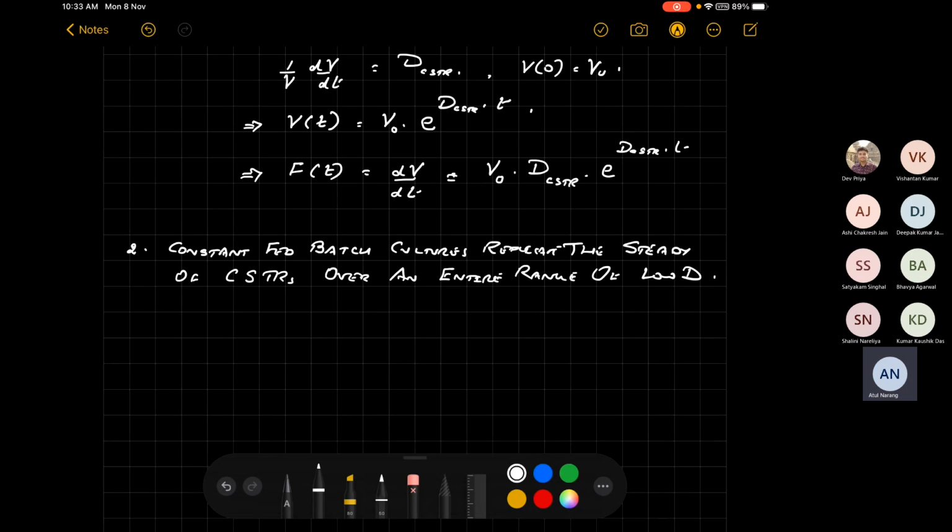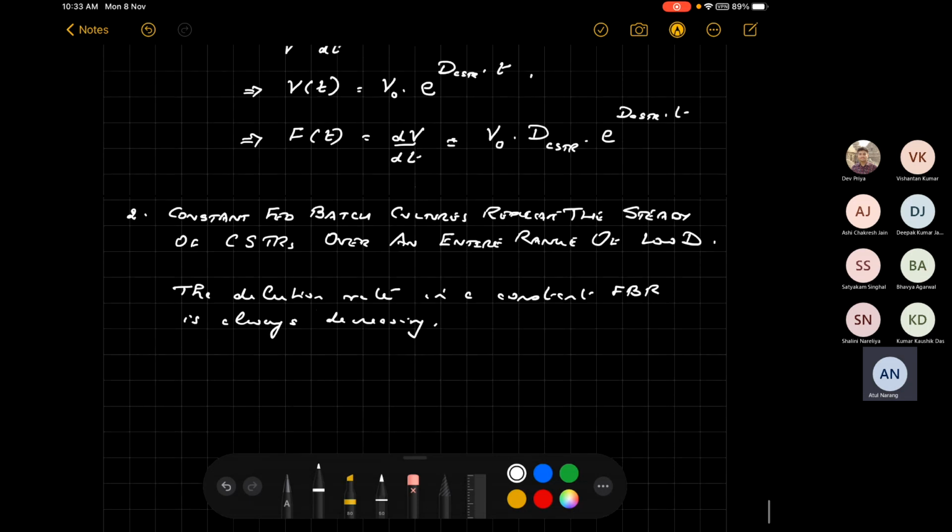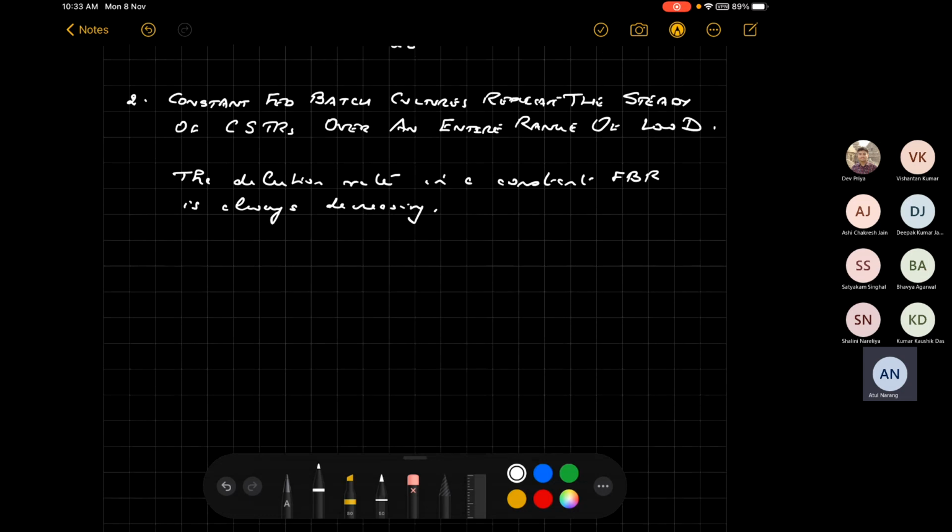The first thing I want to show is that the dilution rate in a constant fed batch reactor is always decreasing. In the exponential, we fixed it. But in a constant fed batch reactor, it is always decreasing. First, let's do it mathematically, and then physically it'll be obvious.